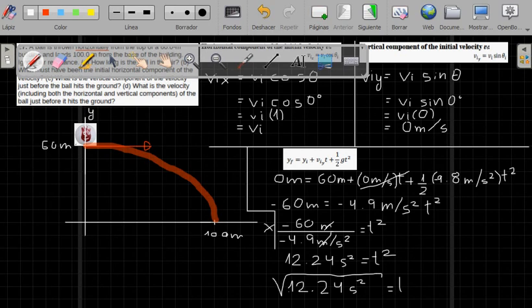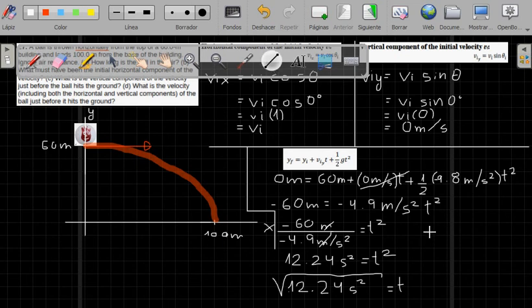And the square root of 12.24 is equal to 3.498. Let's assume it as 3.5. That would be enough, 3.5 rounded.